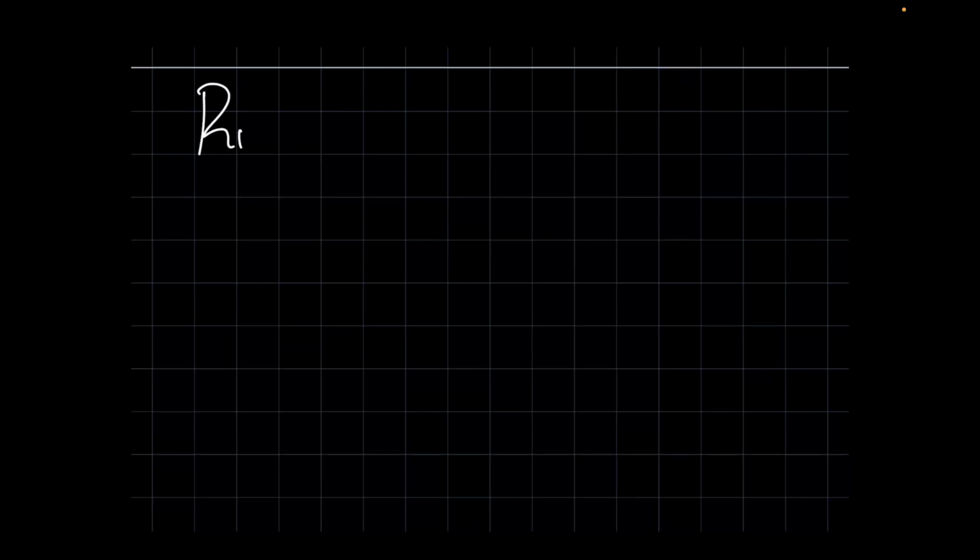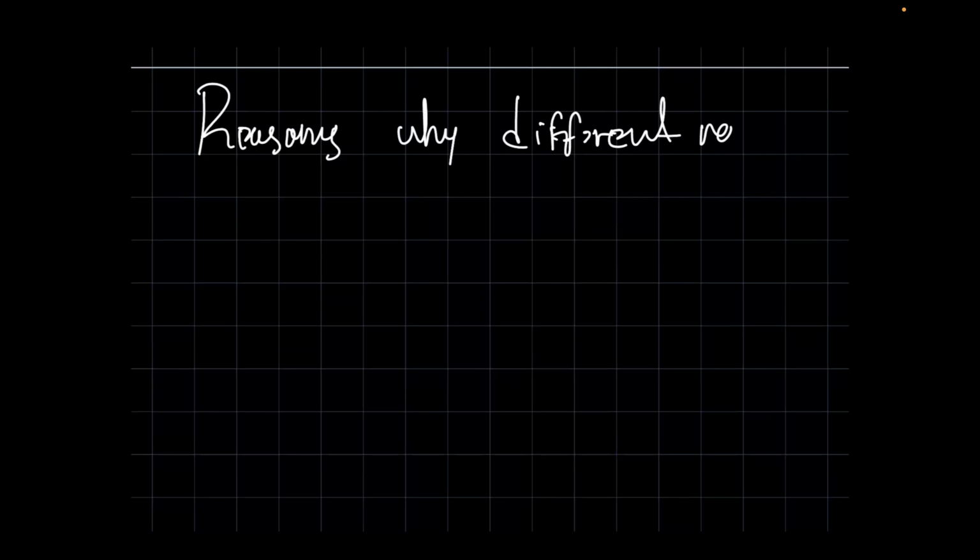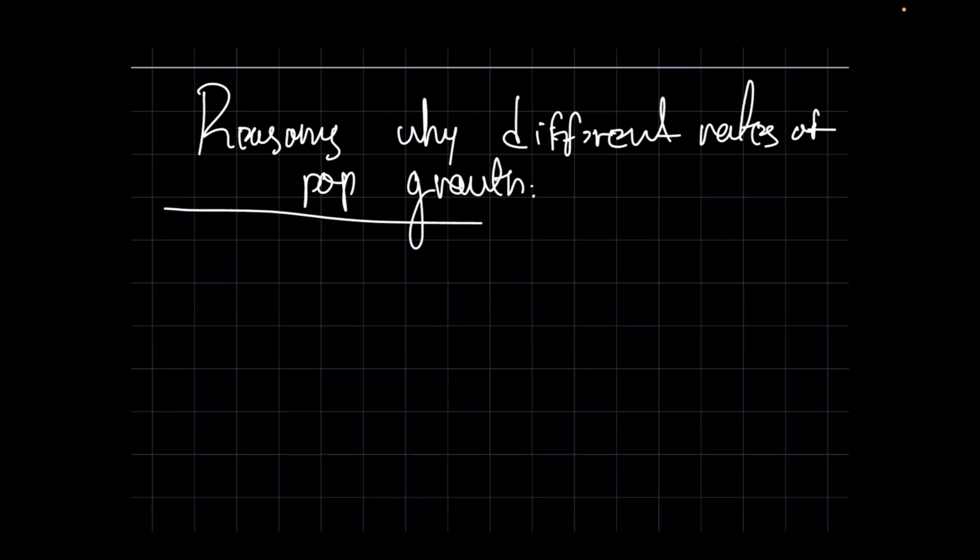Now the reasons for why there are different rates of population growth. I just suggest that you make a simple list and try and understand each of these items on the list in order to remember it the best.